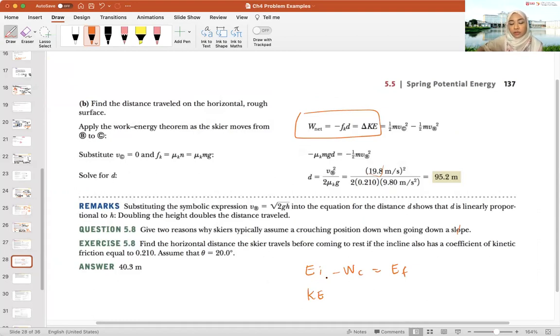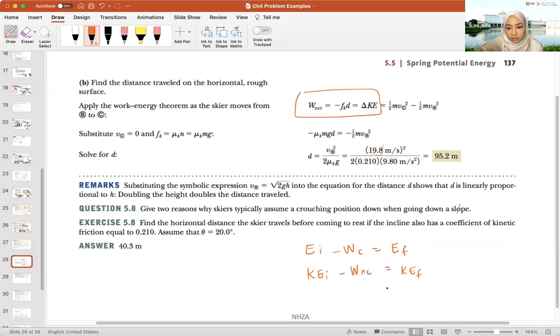There is no UG because we're not changing in height. So UG initial and UG final are both 0, UG is not involved. So we have KE initial here, we have WNC, and E final is only KE final. So this looks familiar. Now we have KE final minus KE initial equal to WNC. Does that look familiar?